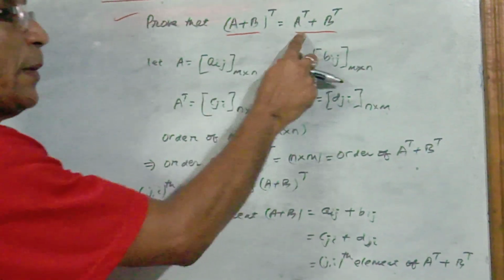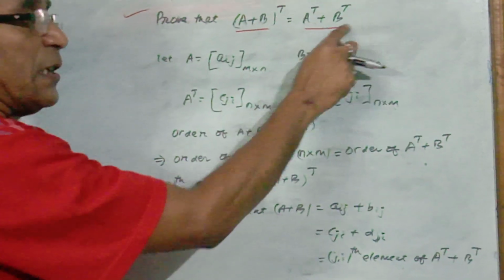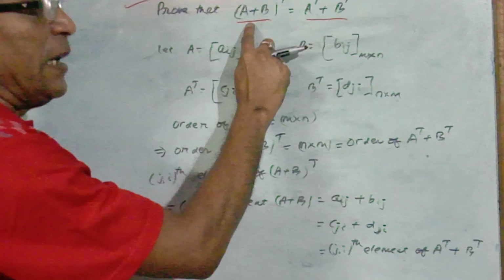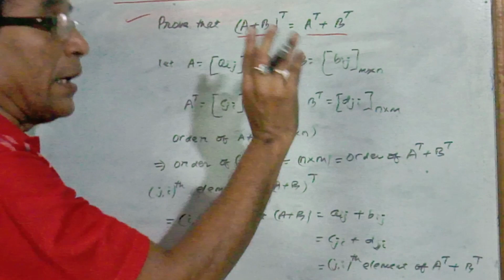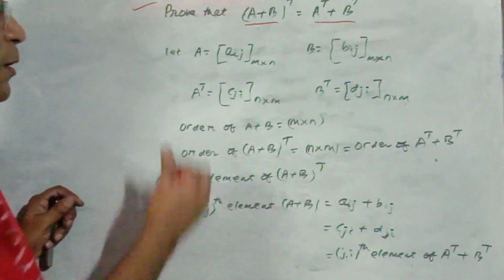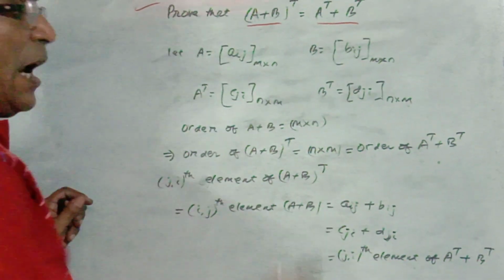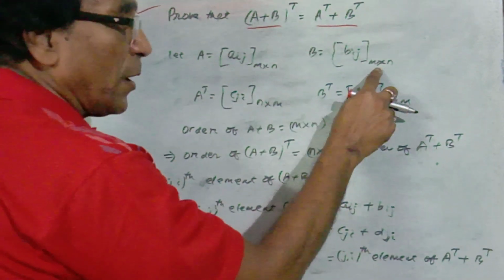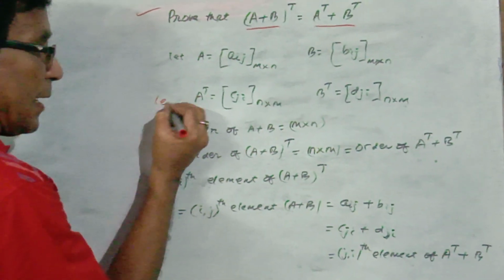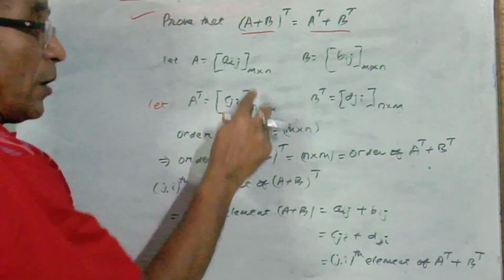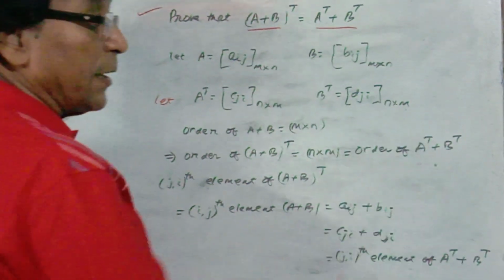We can say these two matrices are equal if the order of this matrix is equal to the order of that matrix and their corresponding elements are the same. So first of all, let A matrix be Aij of order m cross n and B matrix be Bij of order m cross n. Then let A transpose be Cji of order n cross m and B transpose be Dji of order n cross m.